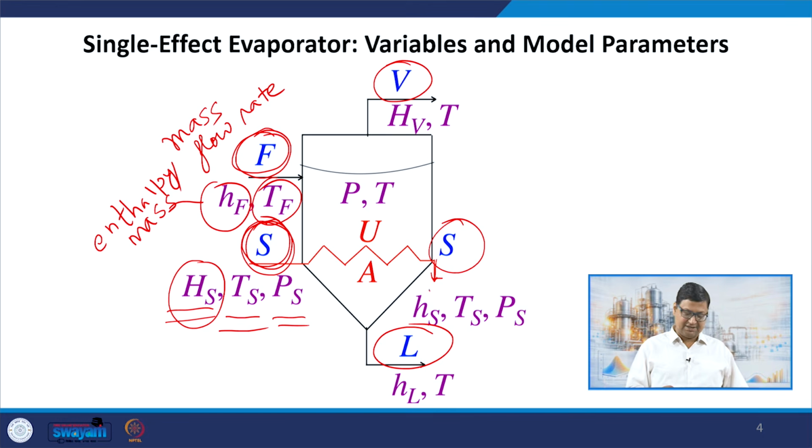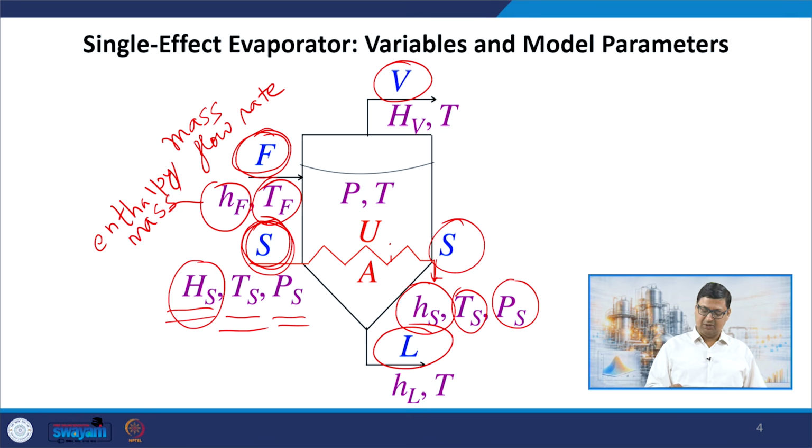And once it condenses out, now we have a liquid condensate, therefore I use a small hs. At the same temperature, at the same pressure, it is only the latent heat that is coming from the heat exchange tubes. We don't assume any sensible heat change typically inside the heat exchange tubes.